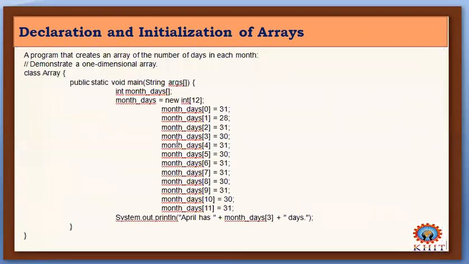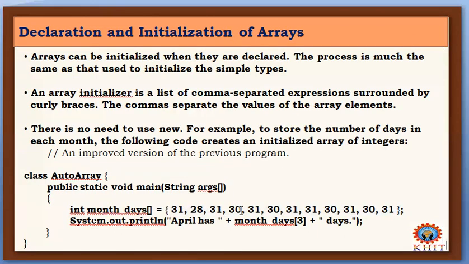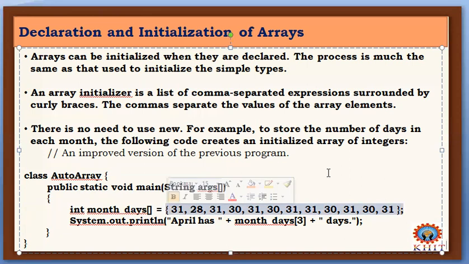The only difference is that here we are initializing each and every index value manually, but here all the values are given in a single statement by providing the curly brackets. That is the advantage here.